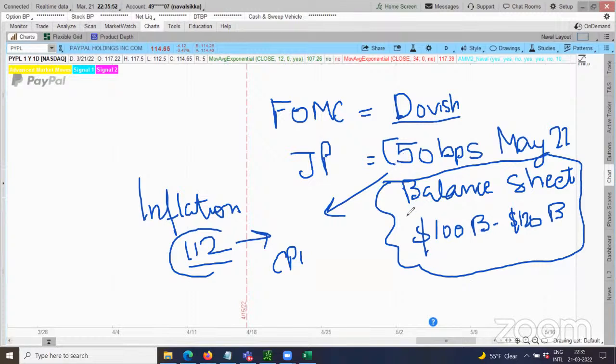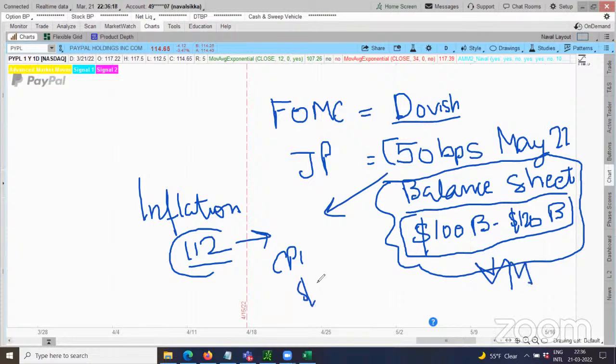Again, once we have clarity on the balance sheet reduction, this will not be easily accepted by fund managers, because nobody is going to have $100 billion investments every month. It's not a small amount. So in order to keep the market at the same price, this is going to be taken out from the market. So we need to have at least 100 billion investment into the market so that it nullifies.